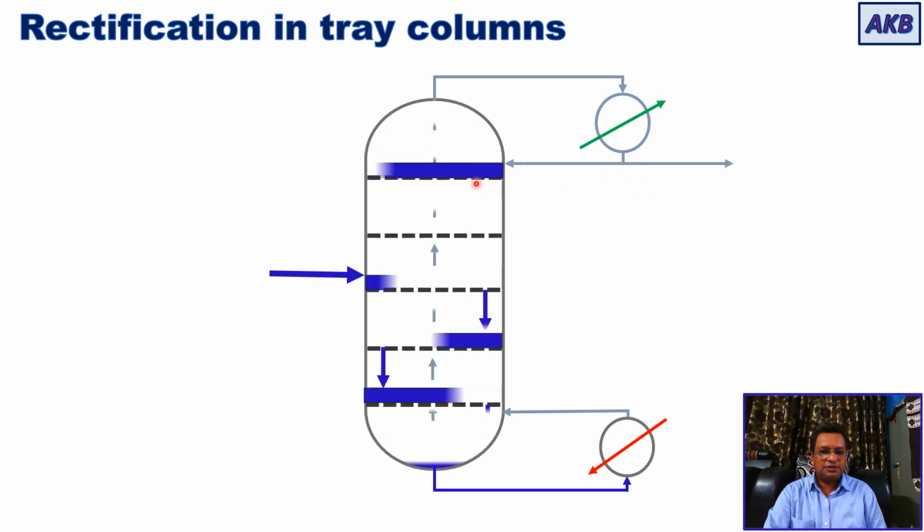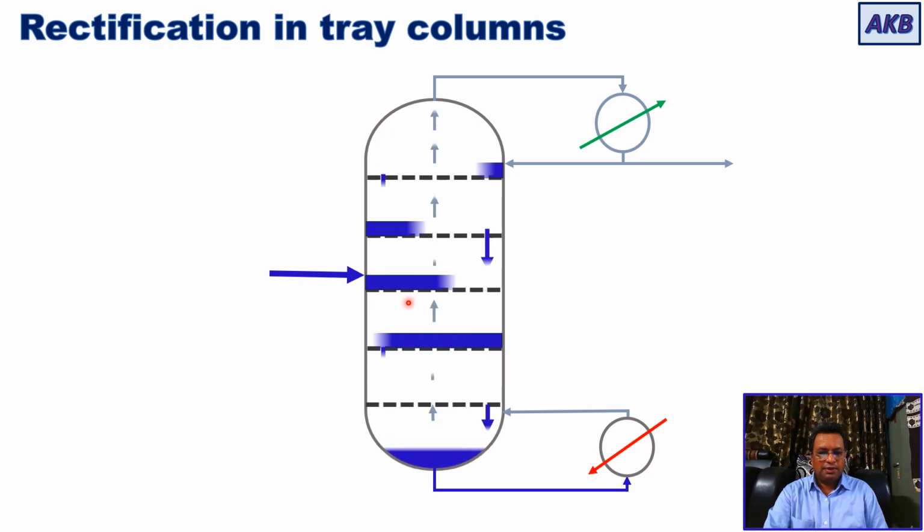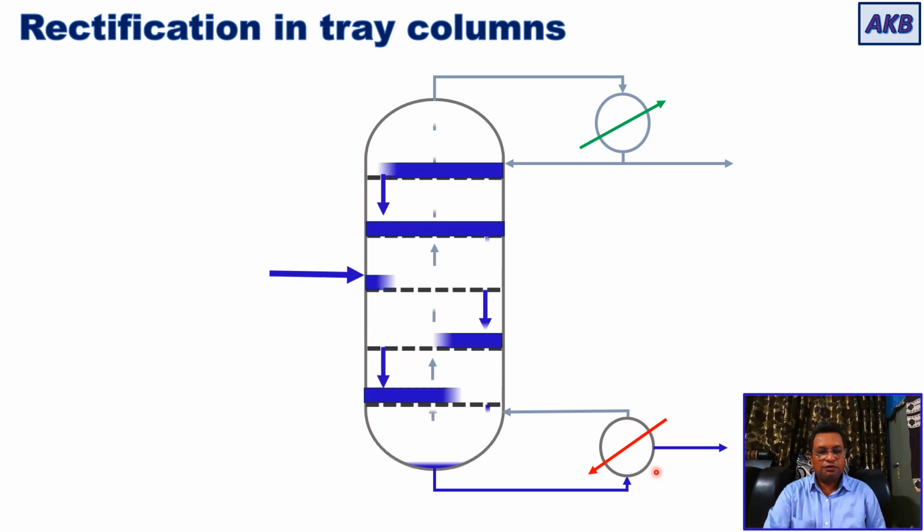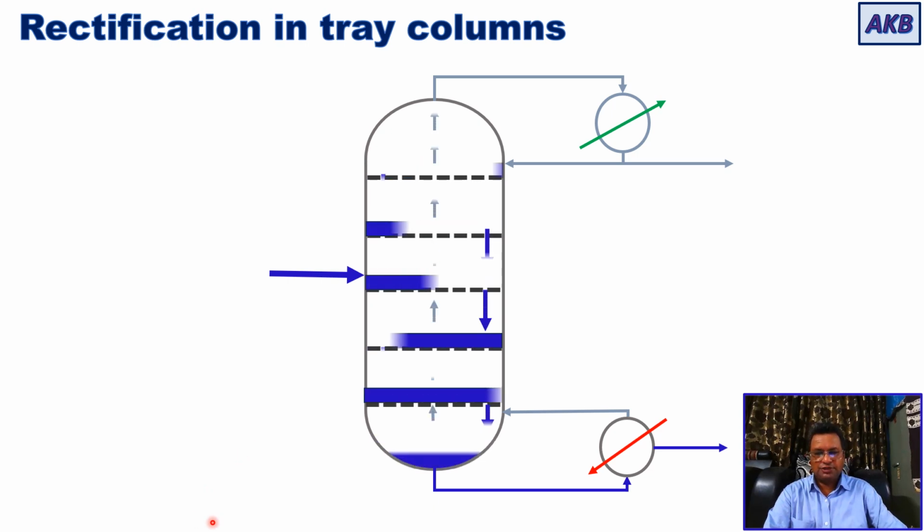One is sent back to the column as liquid phase on the top tray, then it flows down, whereas the other fraction is taken out as a product, which is the top product. Similarly, one product is taken out from the reboiler, it is the bottom product. So in this way the column is operating.